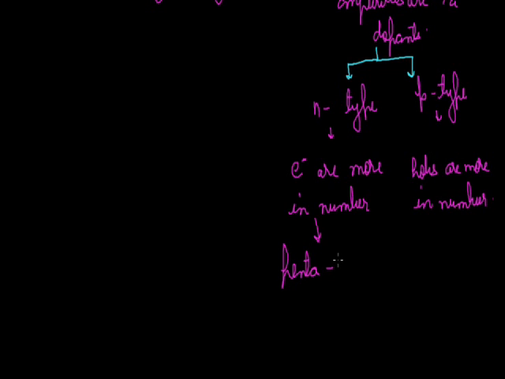This means the impurities should have a valency of 5, with 5 electrons in their last shell. So whenever pentavalent impurities are added to any pure material to increase its conductivity, it results in an N-type semiconductor where electrons are more, and due to more electrons they show conductivity.